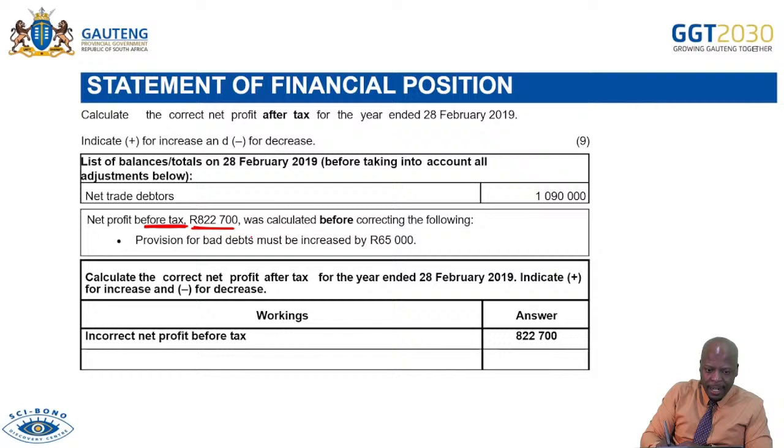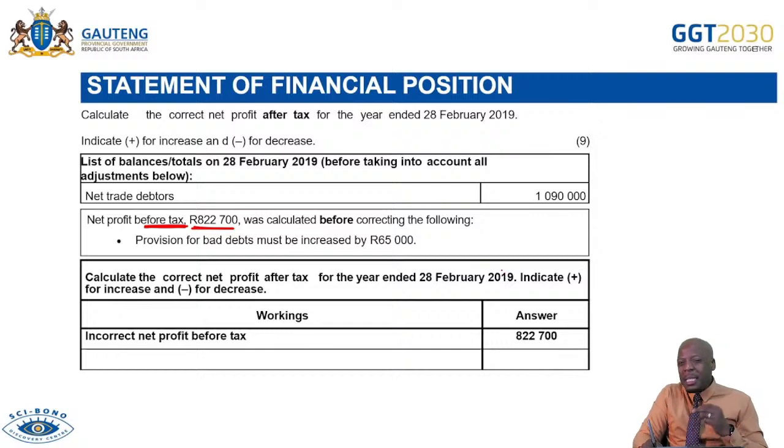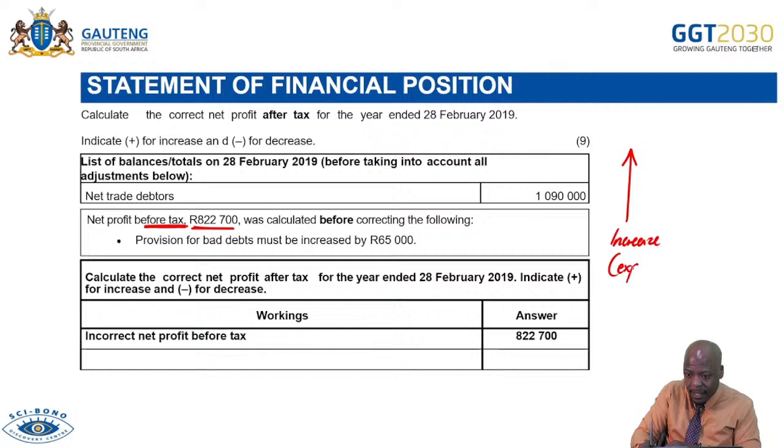I understand very well that when I have my provision for bad debts, there is a simpler way to understand whether I have income or an expense. All right, when provision for bad debts increases, an increase will be treated as an expense.